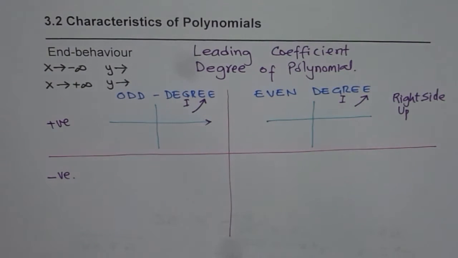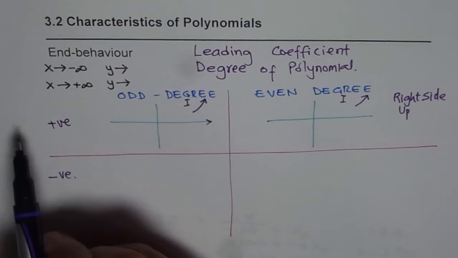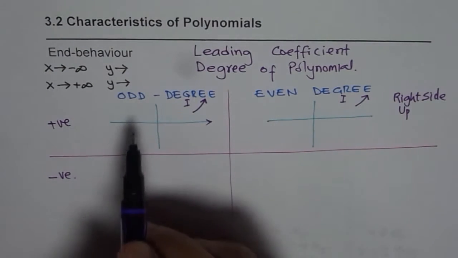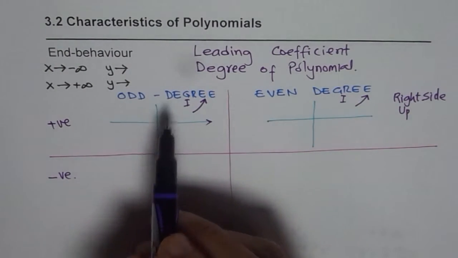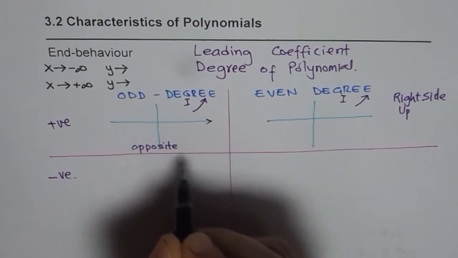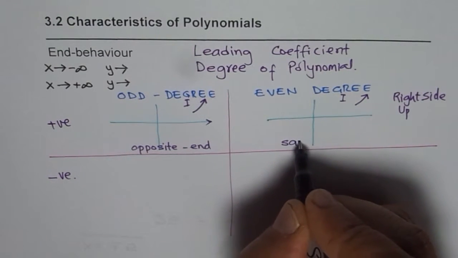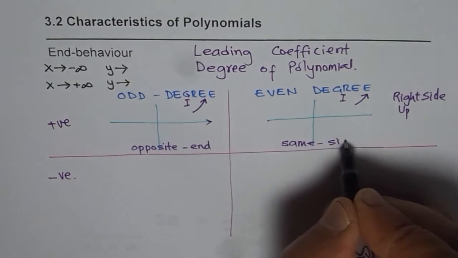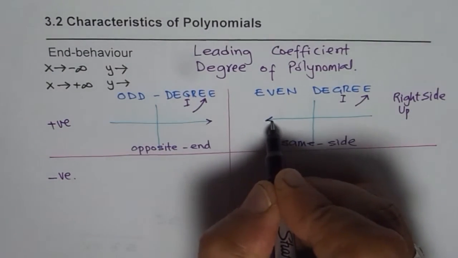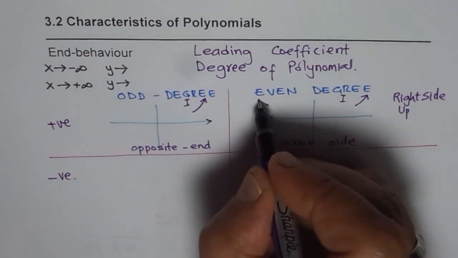Right side up. Now what happens when x is approaching negative infinity? If it is approaching negative infinity, then for odd there is a rule, opposite ends. And for even, same ends or same side. So that means if you are approaching negative infinity and you have even degree, same side means right side up, the other side is also up.